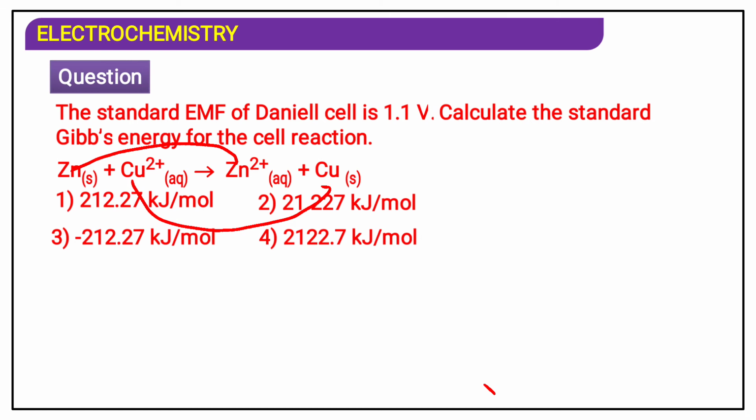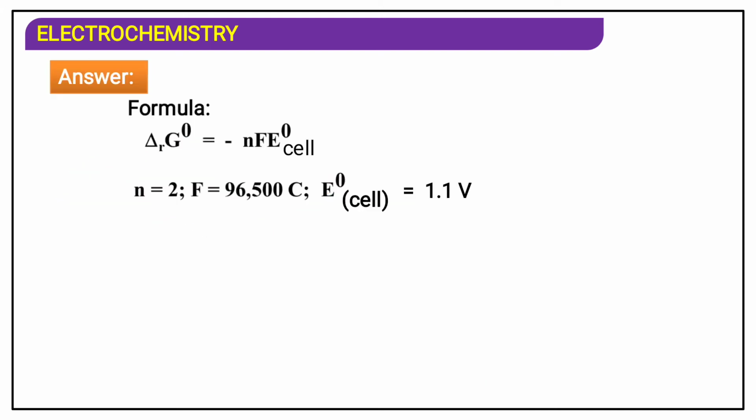In this equation, zinc is losing 2 electrons, and those 2 electrons are taken by copper. That's why the total number of electrons is not 4. Listen clearly, the total number of electrons is only 2. That's why the n value is 2.